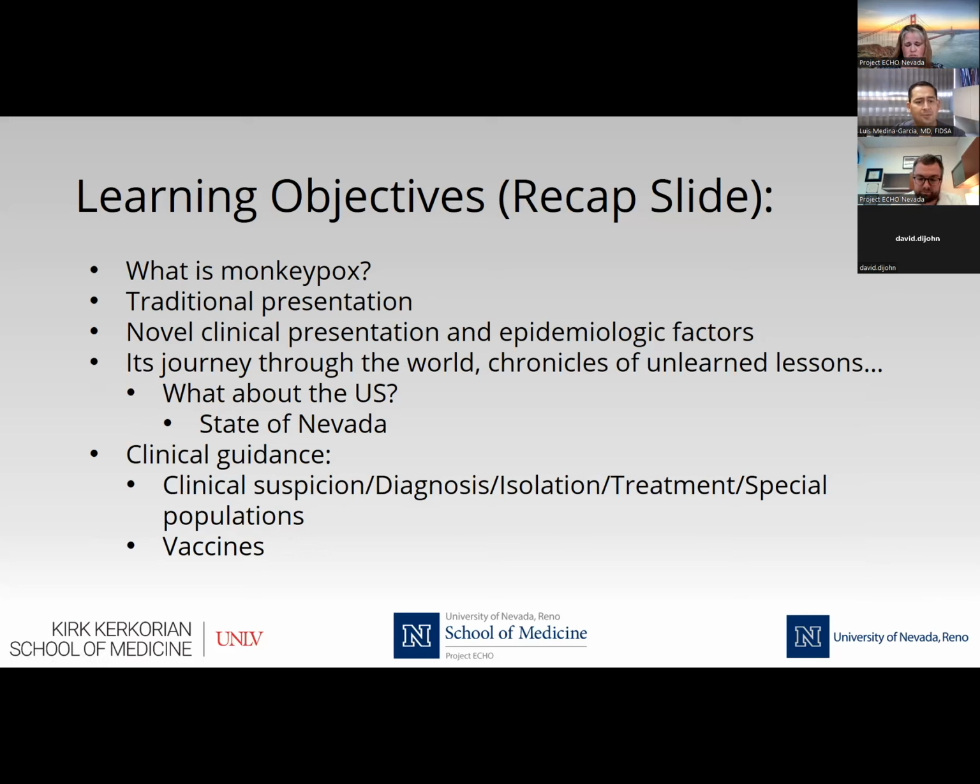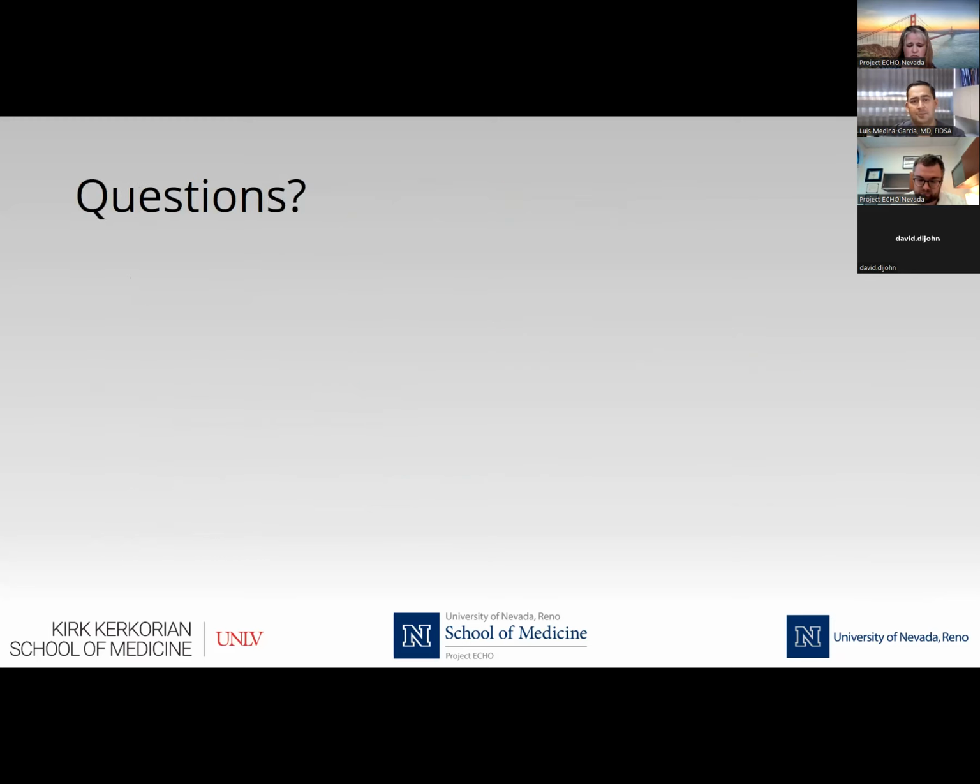In the state of Nevada, we have the ability to diagnose and treat. We should all support our public health authorities to do a better job. We know how to suspect it. We know how to diagnose it. We know what to do in terms of isolation and treatment. And hopefully vaccines will come in greater numbers, and the logistics will help us take care of patients properly.